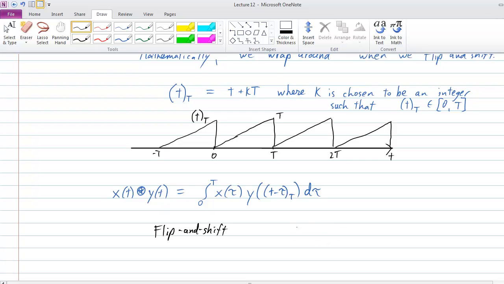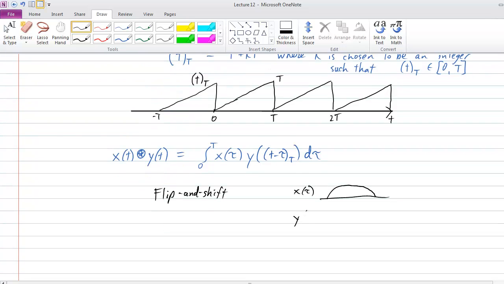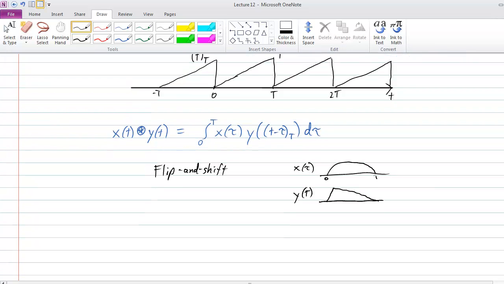If I have my x of tau, which is something like that, and I have my y of tau, which let's say is like that. Let's say there's 0 to t, 0 to t, and I want to do a circular convolution.